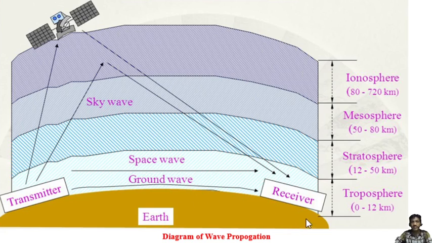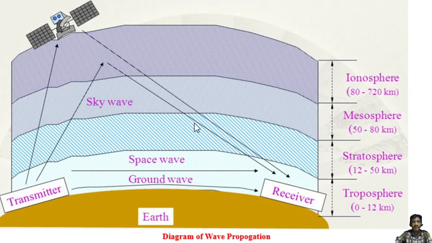From Earth's surface up to 12 kilometers can be considered as the troposphere. From 12 to 50 kilometers is the stratosphere. After that, 50 to 80 kilometers is the mesosphere. After that, 80 to 720 kilometers is the ionosphere.